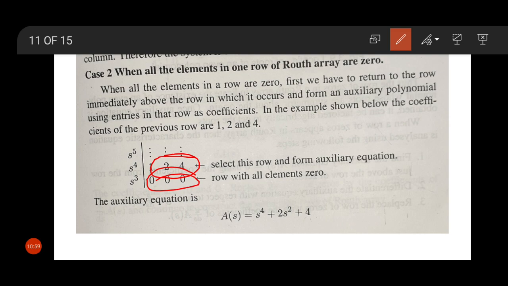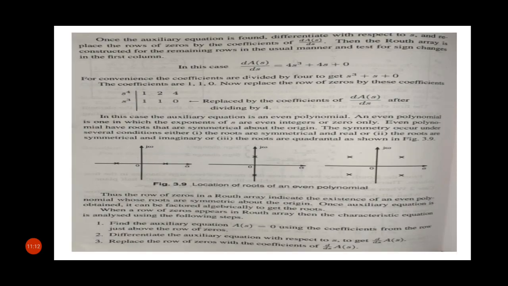Okay, so our auxiliary equation is this: A(s) equals s to the power 4 plus 2s square plus 4. Now once the auxiliary equation is found, differentiate this auxiliary equation with respect to s and replace the row of zeros by the coefficients of dA/ds.